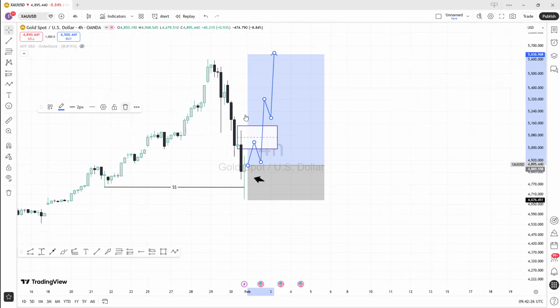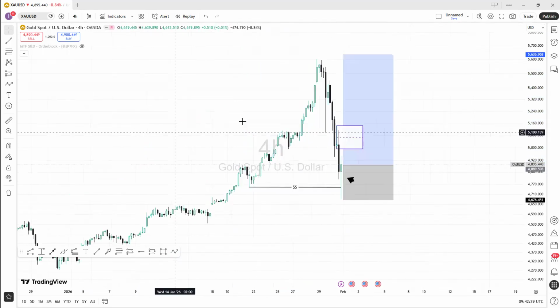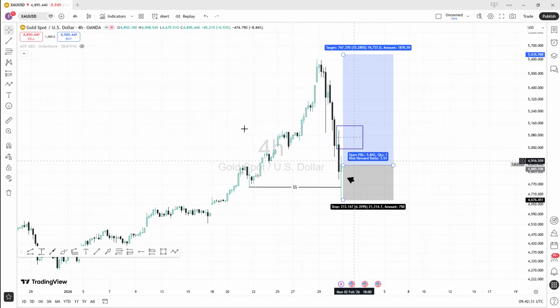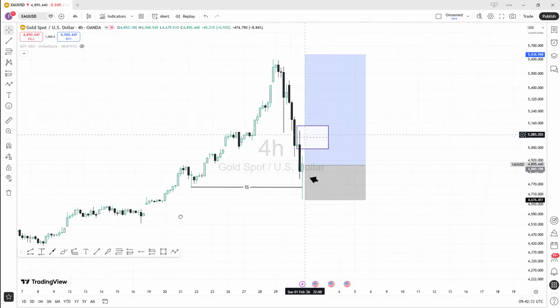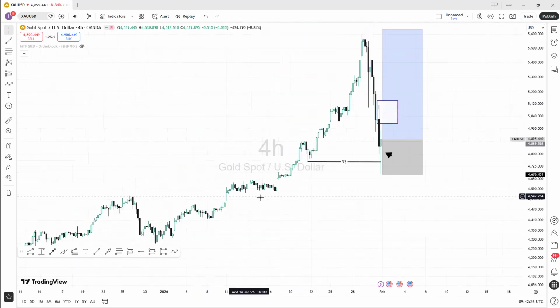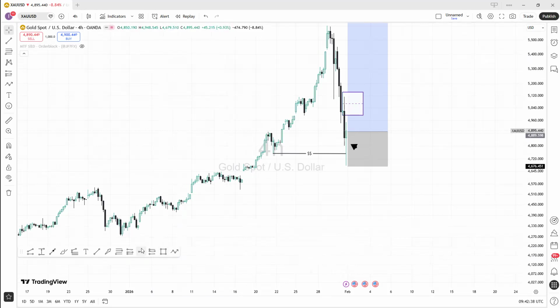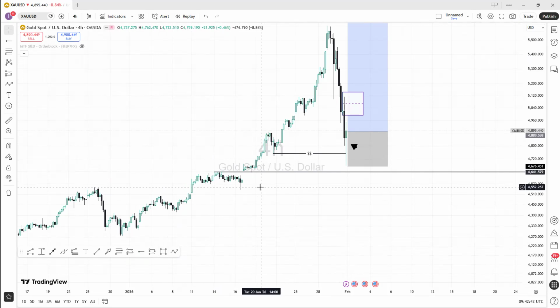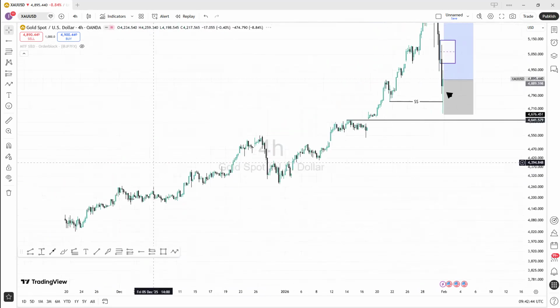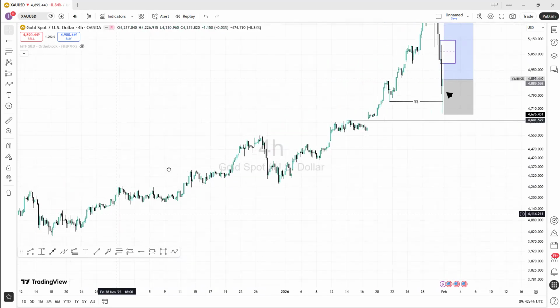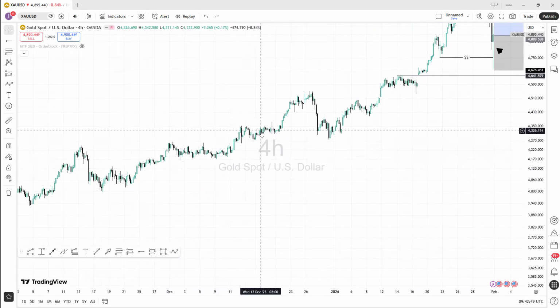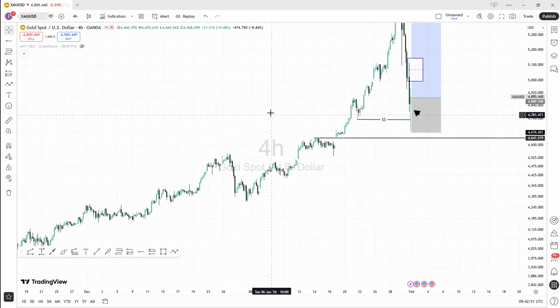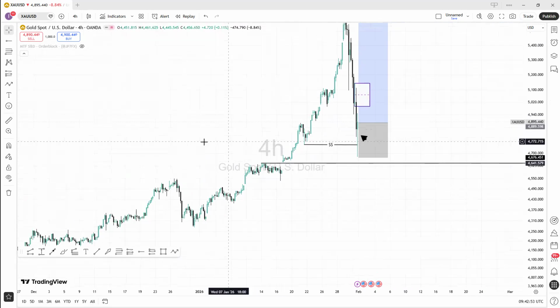So expect from next week, you can start buying gold directly. But down here, you have this unmitigated gap. You can see from the previous market structure on gold, it is not a must for price to trace back to fill the gap.